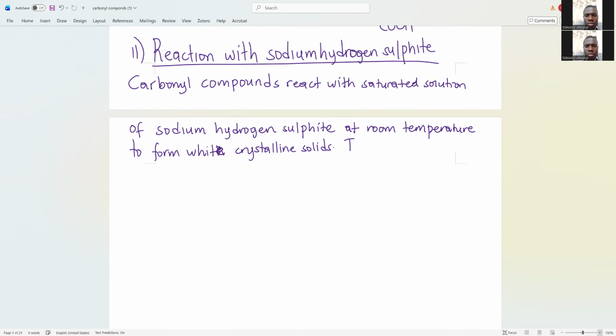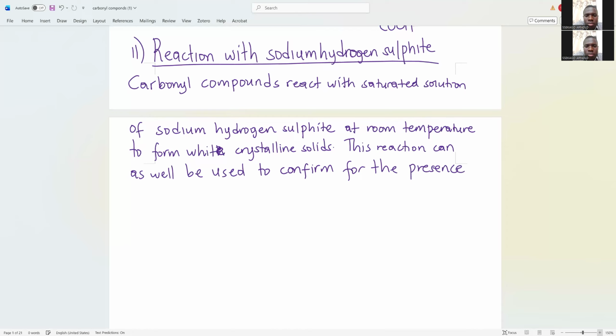Now, this reaction is also essential. This reaction can as well be used to confirm the presence of carbonyl functional group within aliphatic carbonyl compounds.